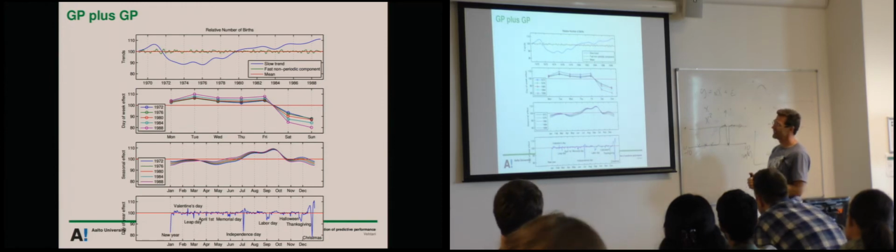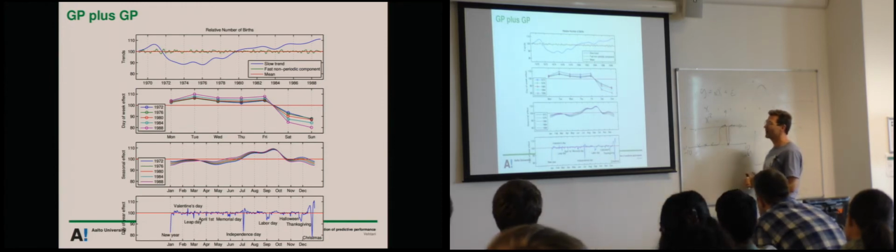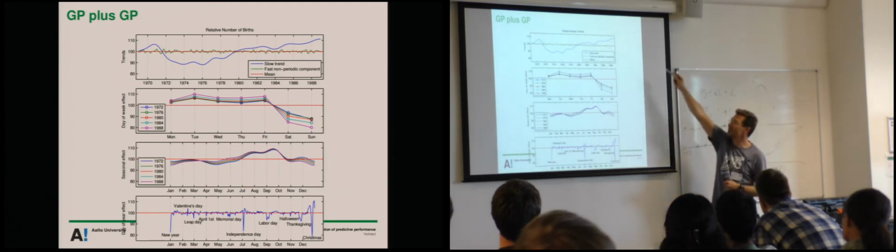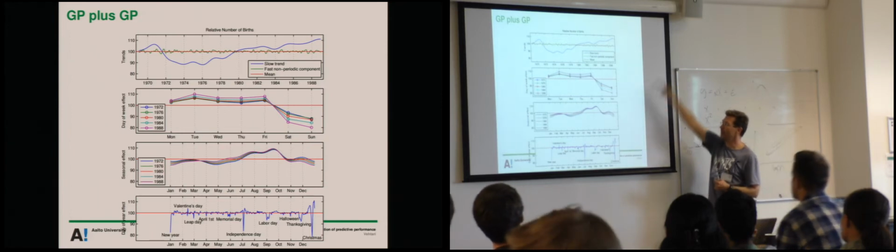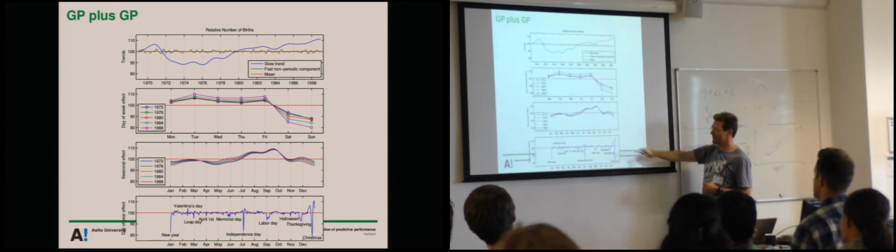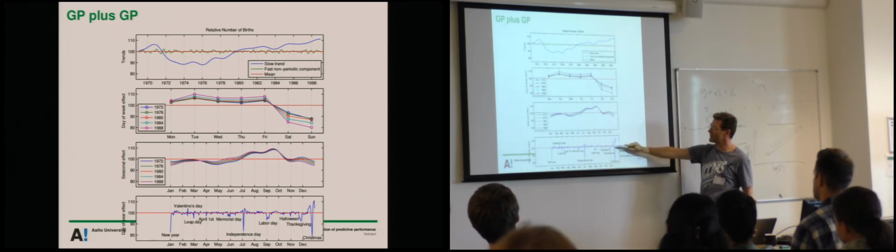And to make it more reliable, I really had to add more informative priors, on what kind of length scale I want to have for different effects, in a way that I want this to be a really short length scale.